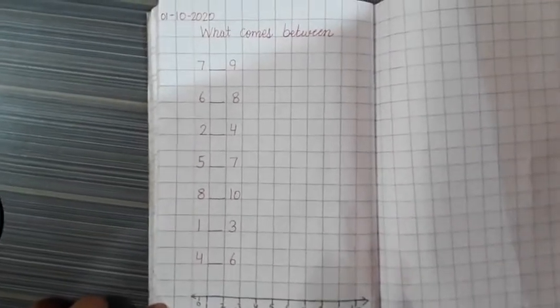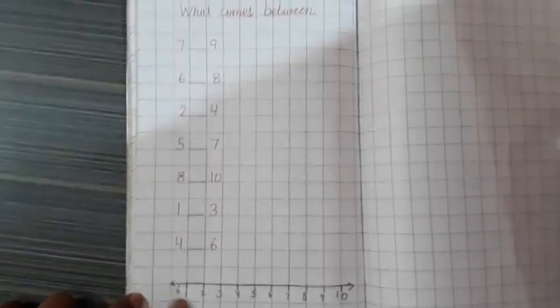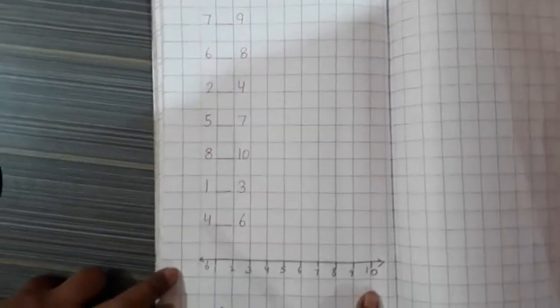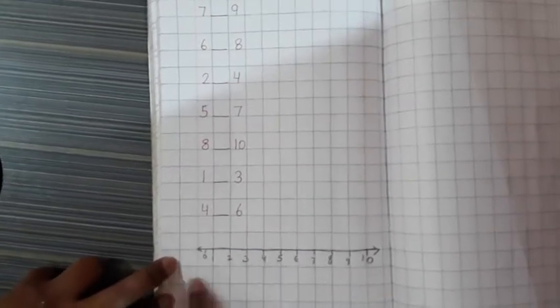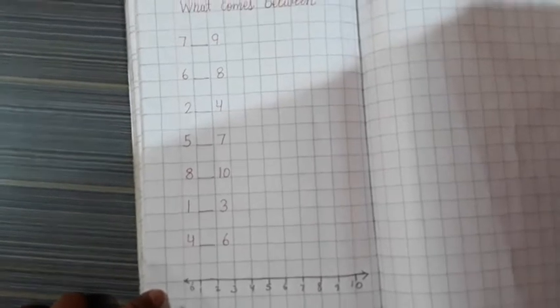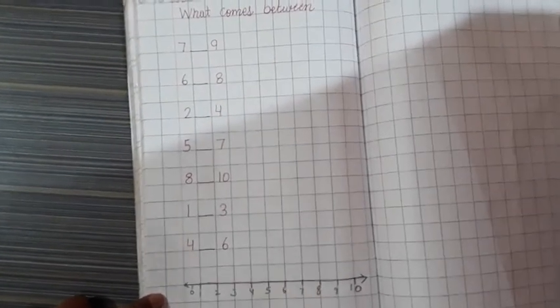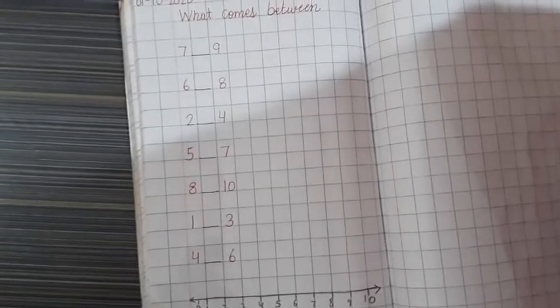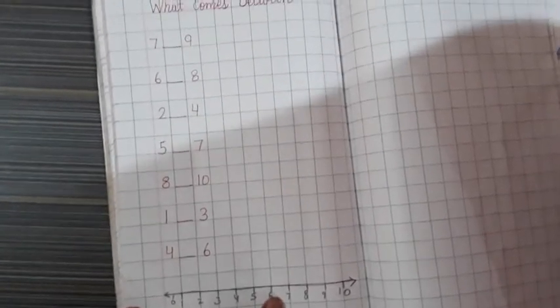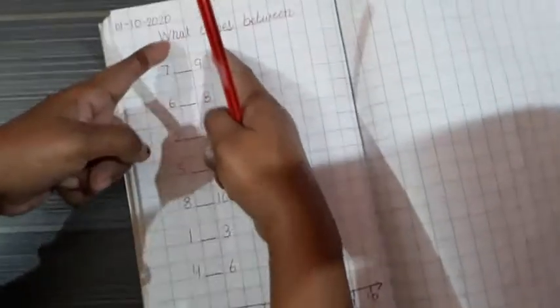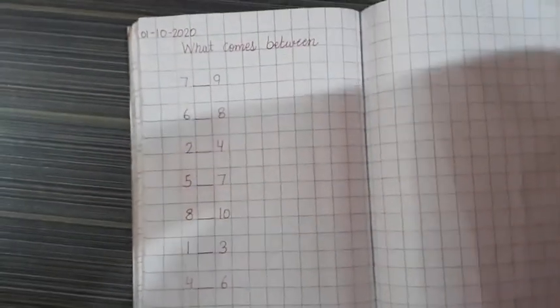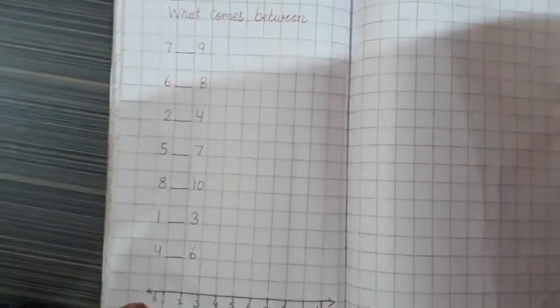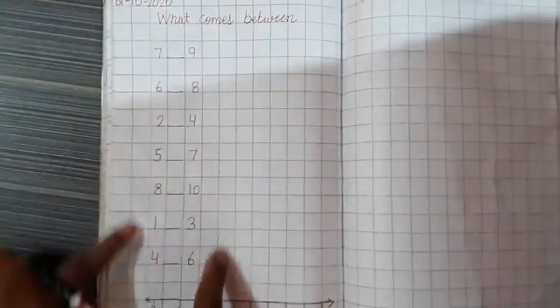And one thing I want to tell you everyone, this number line you have to do it by yourself only. Don't ask your parents कि mama draw कर दो, papa draw कर दो. Nobody will draw. You have to do it by yourself. Okay? So after draw this, then you have to solve these sums. First draw a number line and then solve these sums.